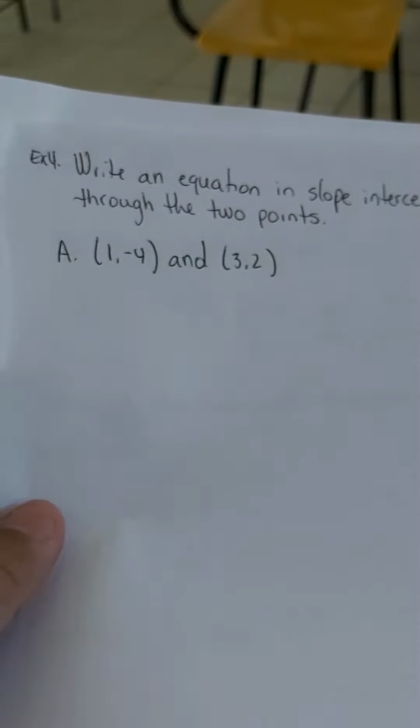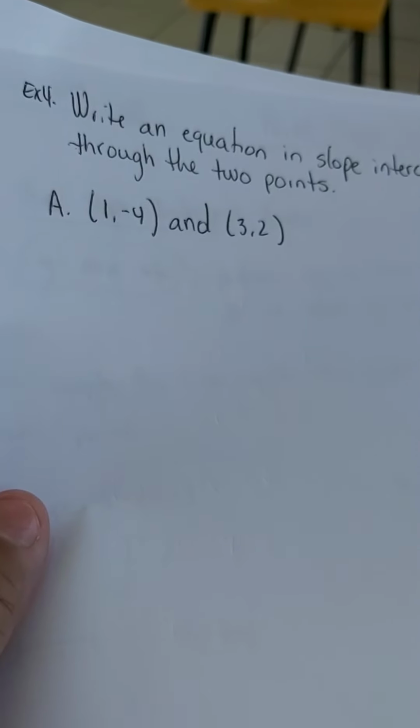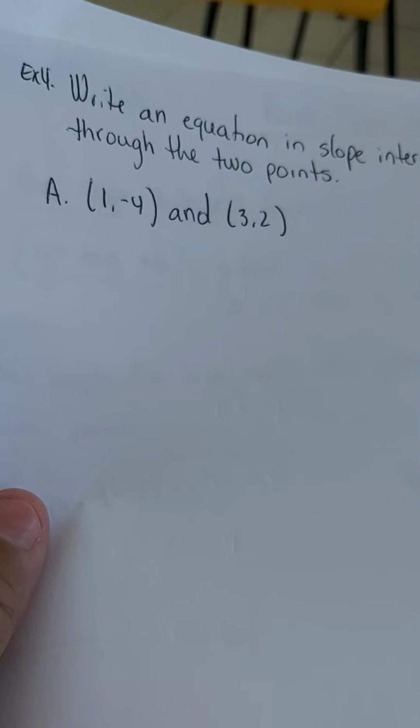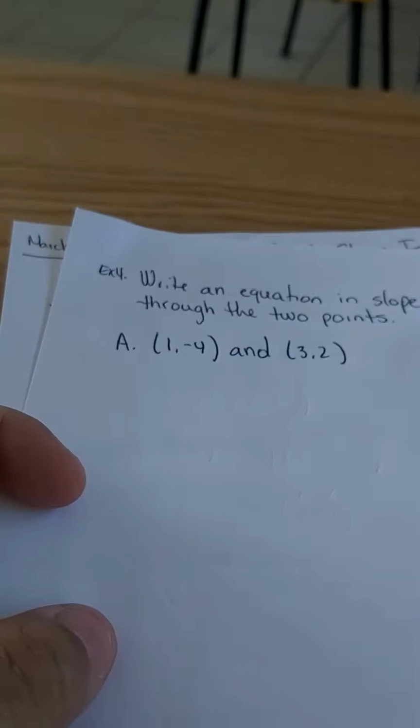Example 4, they're telling us to write an equation in a slope-intercept form for the line through 2 points. So in part A, they give us the points 1, -4, and the points 3, 2. How do we do this?